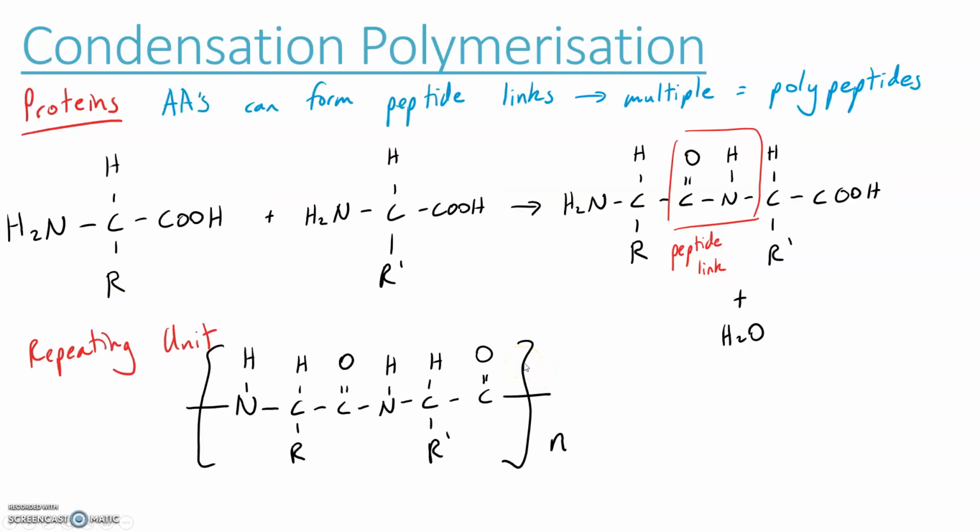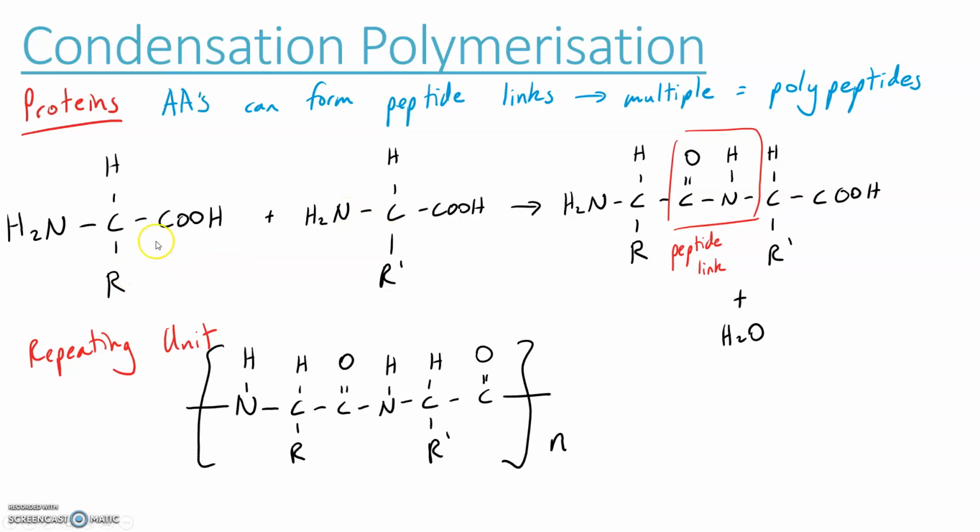Okay, proteins. Amino acids can form peptide links because they have an amino group on one end and a carboxylic acid group on the other end. So we can form the amide link between amino acids.